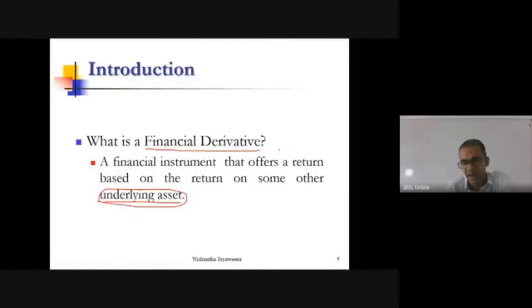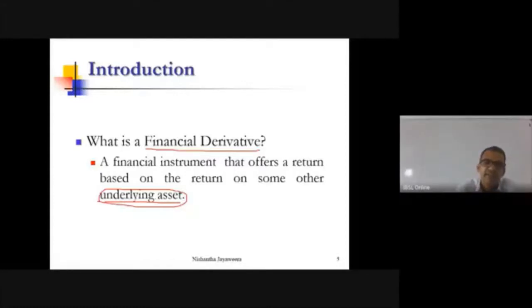Then, as the second stage, we can create another derivative based on a derivative product itself, or as a combination of a few derivative products, or a combination of a simple financial instrument and a derivative. That can happen. A derivative can be a combination of a derivative and another product or simple product as well.